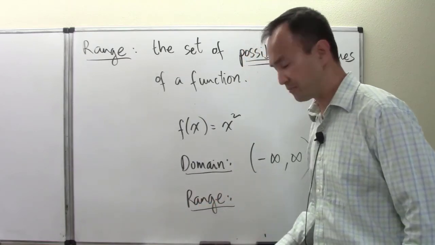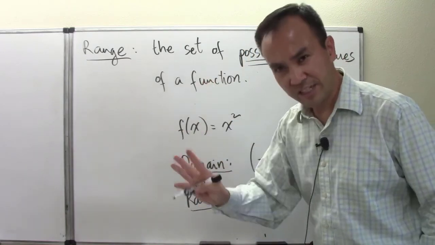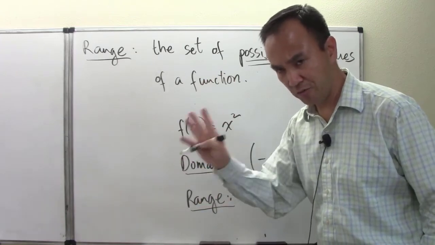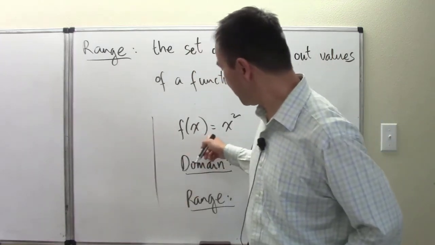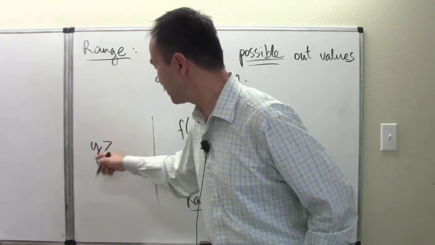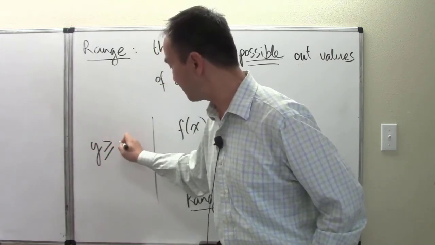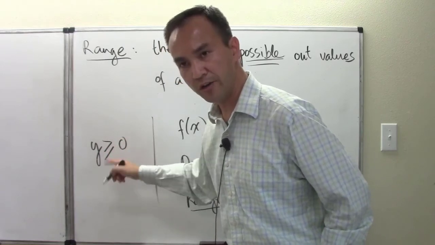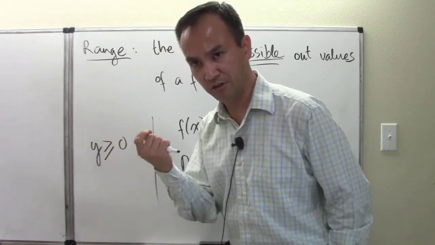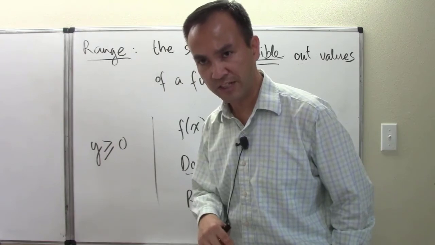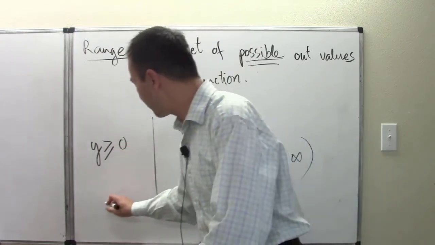So as logical reasoning, for this function the outputs, as y values, came out only at 0 or above. This is what it says here, y greater than or equal to 0. That's the mathematical reasoning.